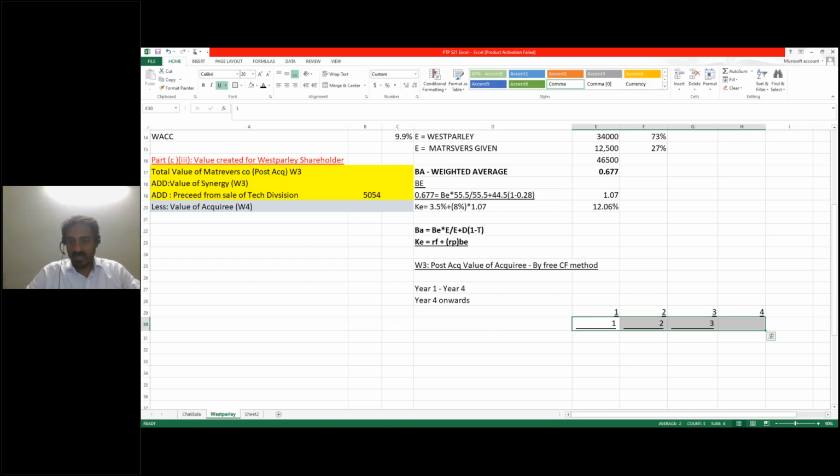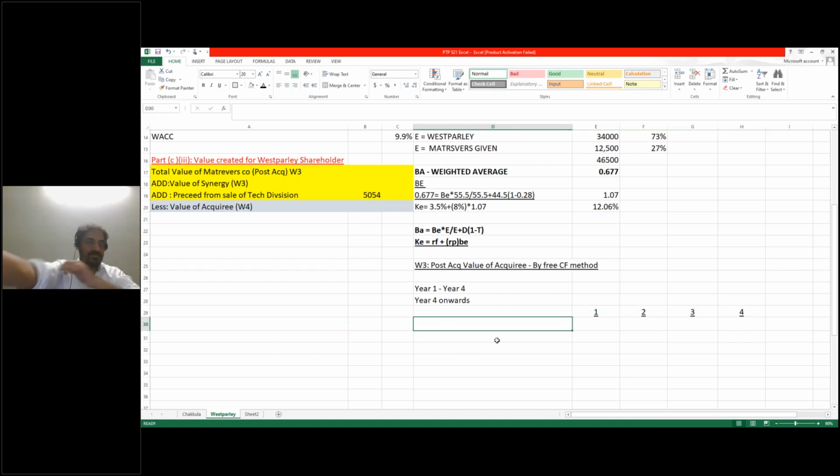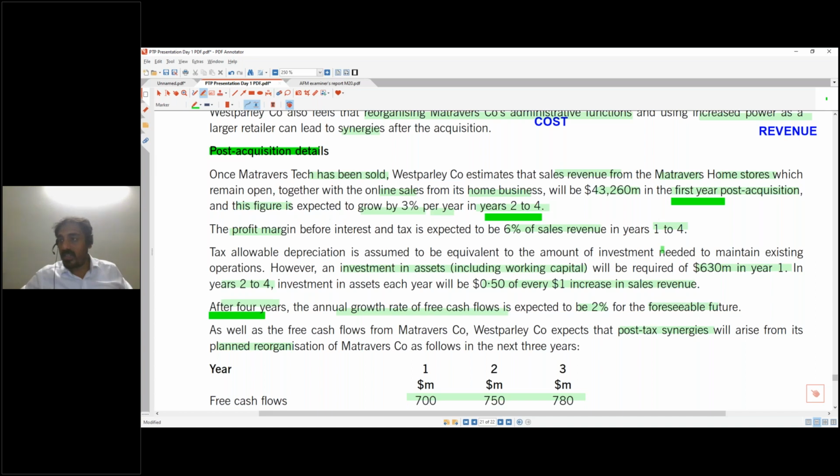Yes. Number 1, what about the sales value? Yes, we will work it out accordingly. No, this is not the combined company value. It's only the home stores.